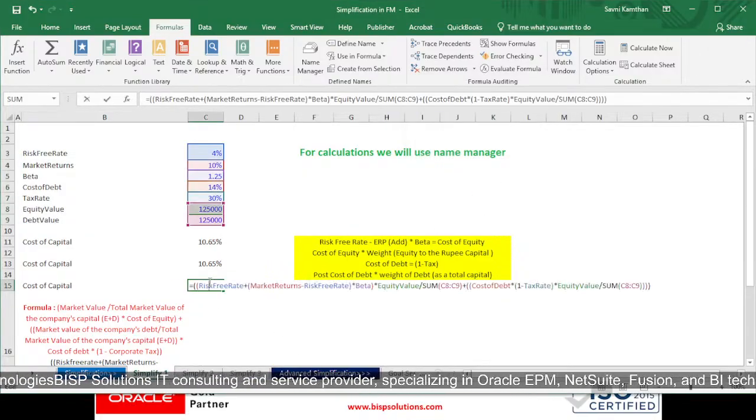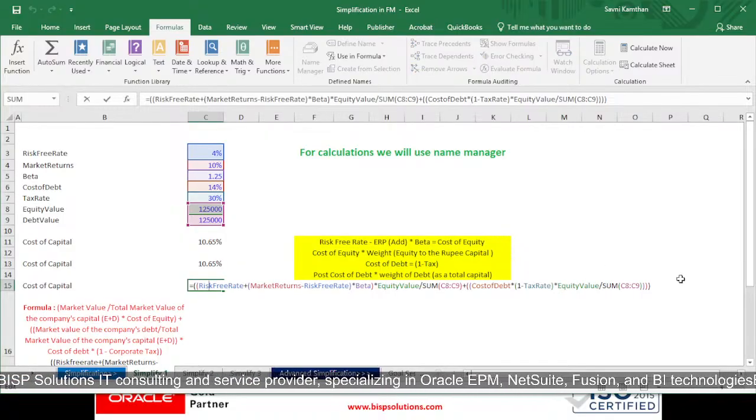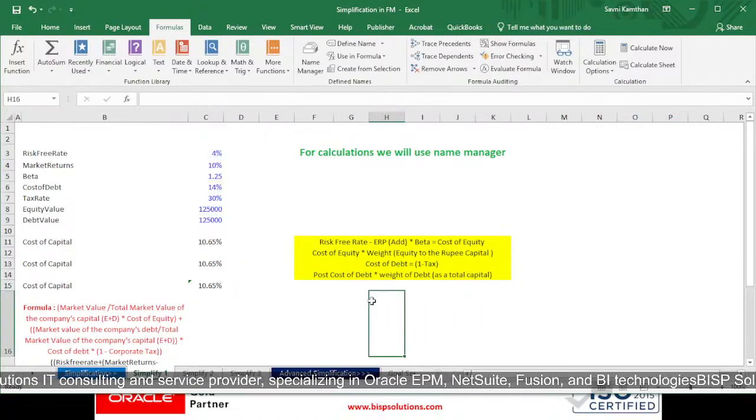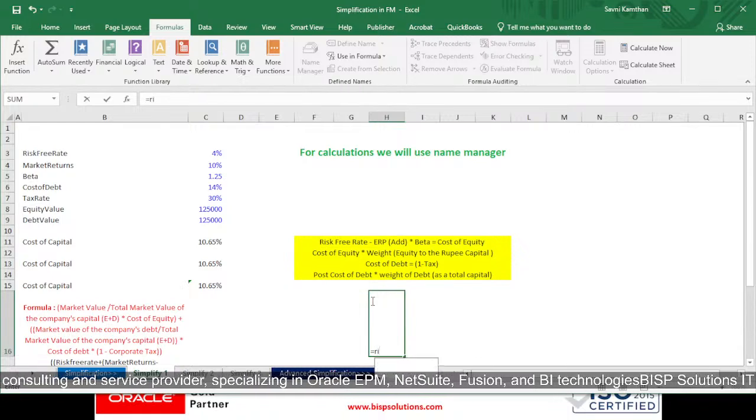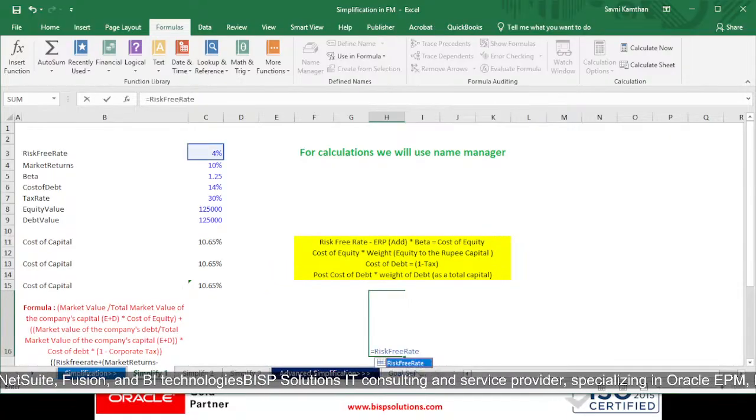Once you click OK, you will have formulas like equals risk-free rate. Here you will get functions like we usually get in our Excel, like sum, if, error, and it will take the data from this table only.